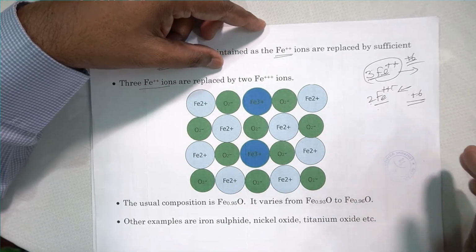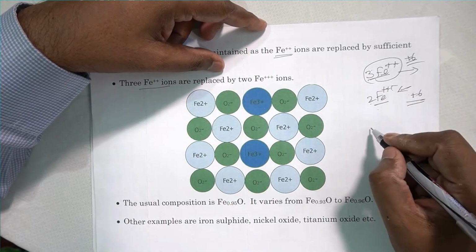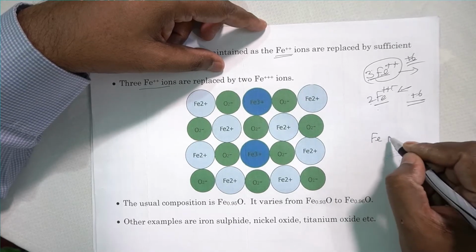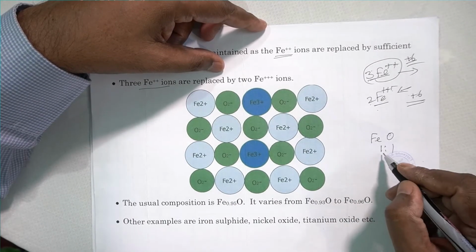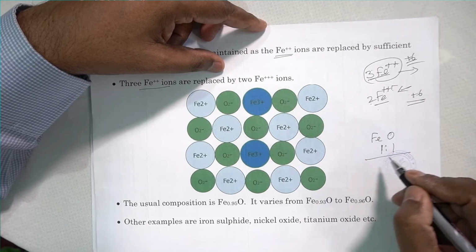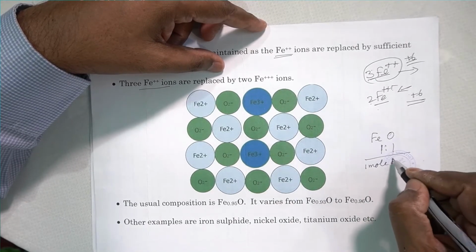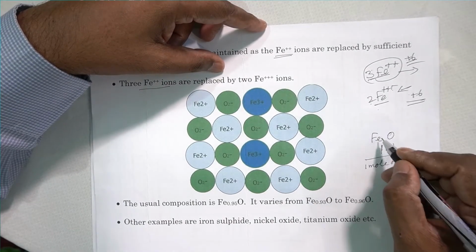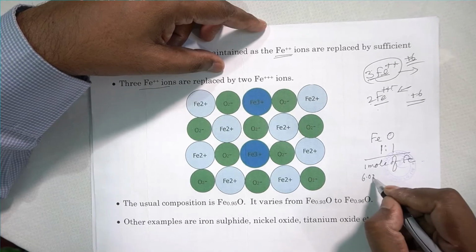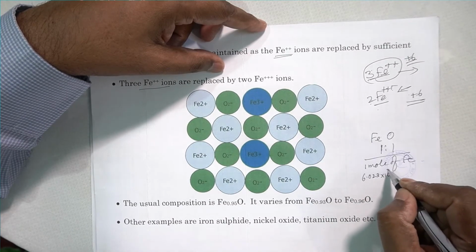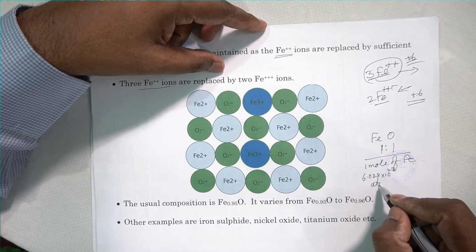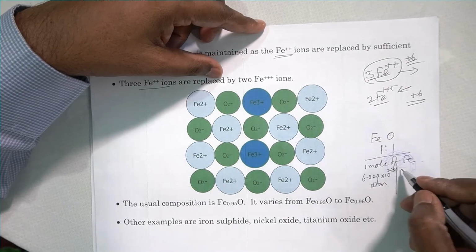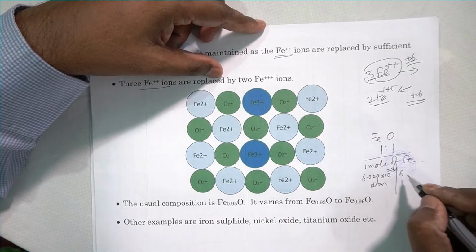Now if you take FeO, we know FeO is a 1:1 ratio. 1:1 ratio means if you take 1 mole of FeO, 6.023 into 10 to the power 23 ions of Fe are there, and the same number of oxide ions are also there.